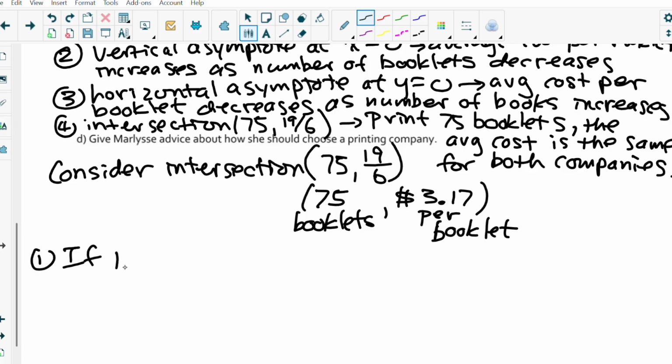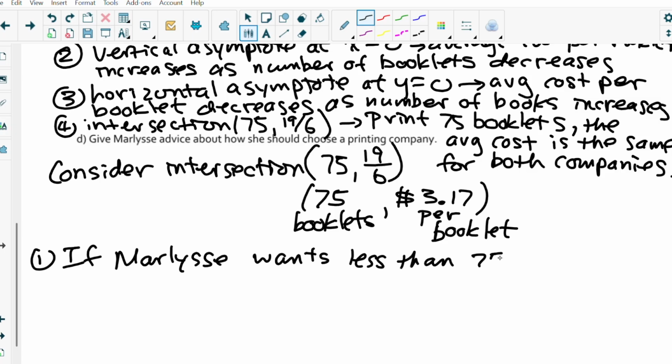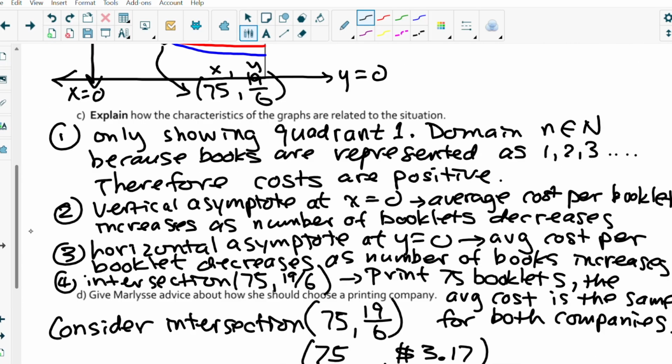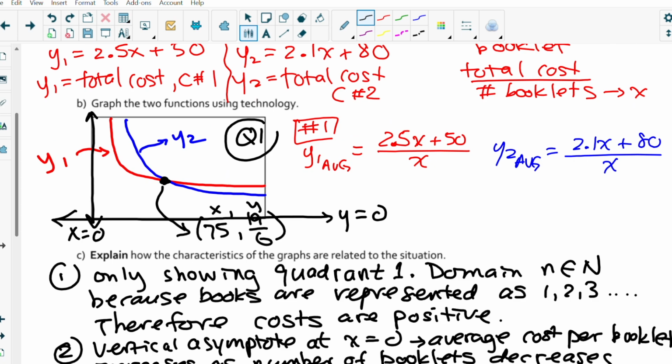Case 1, if Marlies wants less than 75 booklets, that breaking point, which company should she choose? What company is cheaper if I do less than 75 booklets? Well, company 1 is, the red line.